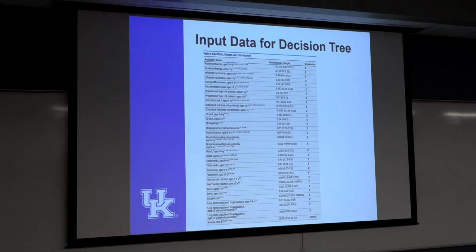Then you can see that there's all kinds of events happening here. We need to know the probabilities with which those events are happening, and often that is based on literature, or it could be from one of your trials. You could actually use a trial to generate some of these probabilities. You're looking at the probability that a child has influenza when they're coming in, whether they'll accept the vaccination, whether it will be effective, how many of your patients will be high risk, and how many of them will develop otitis media.